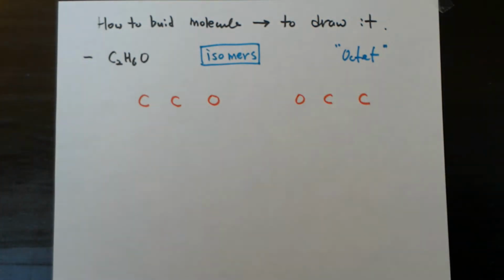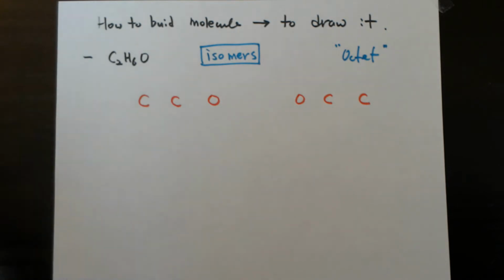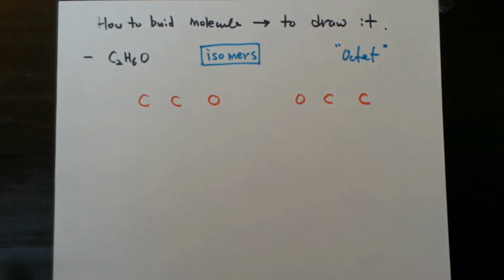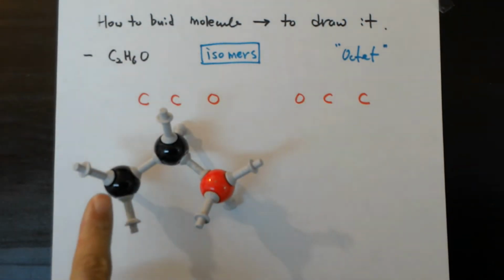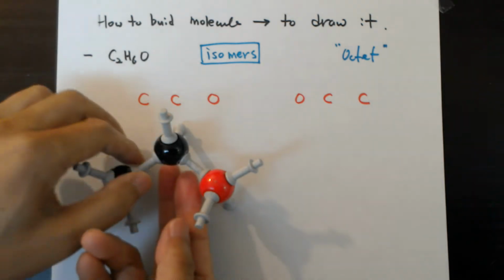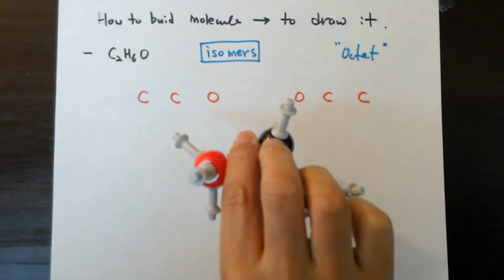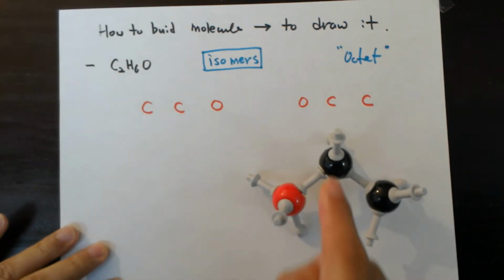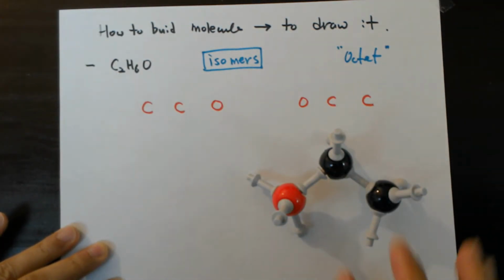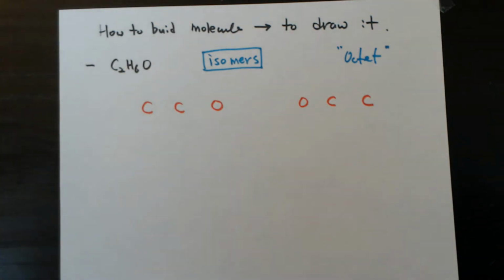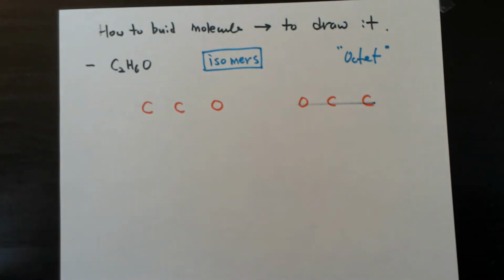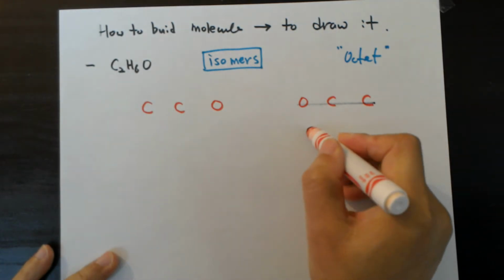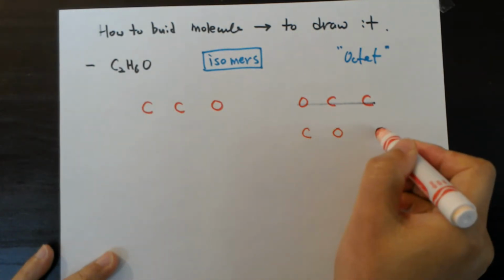But in real life, as you see, carbon, carbon, oxygen, or oxygen, carbon, carbon, they're the same. So we ignore this one. Then what's the other possible arrangement? Well, you can do carbon, oxygen, and carbon.